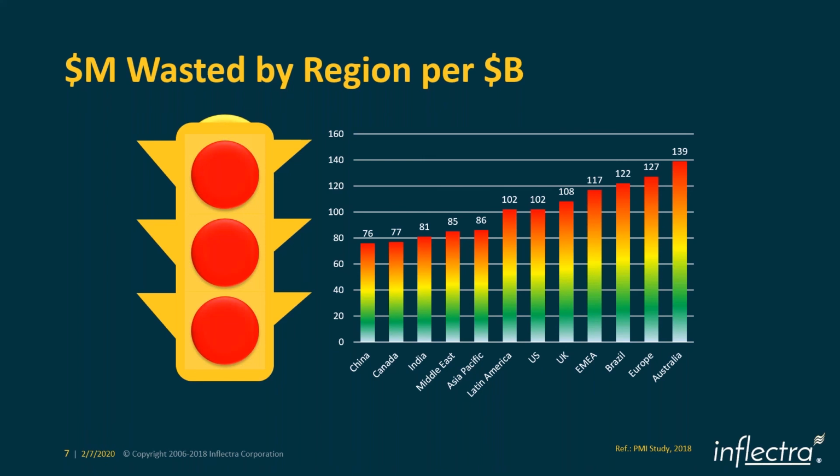When you look at that, the story portrays a different picture. If you look at this, the US is at about 102. So $102 million is getting wasted for every billion. That's almost 10% getting wasted. Right. So we need to look at how we can understand all these areas so that we are able to properly prioritize the projects and programs and make sure that everything is getting done correctly.